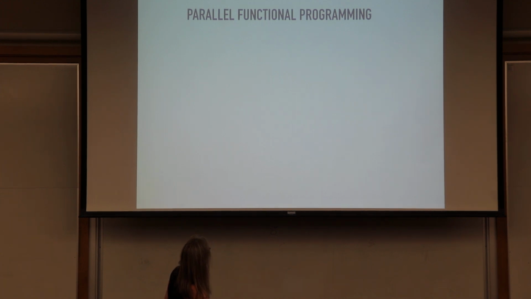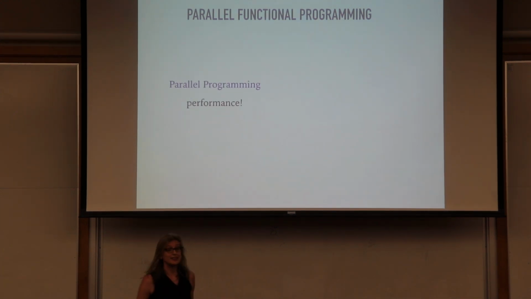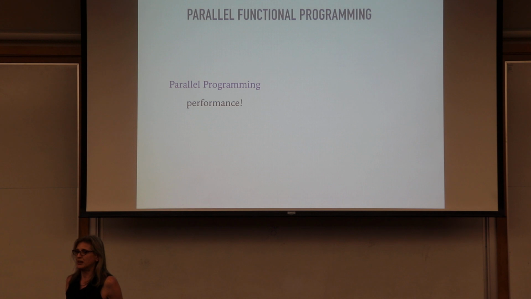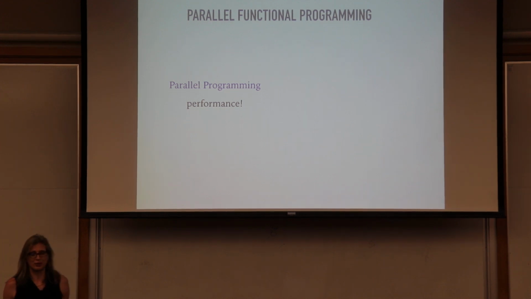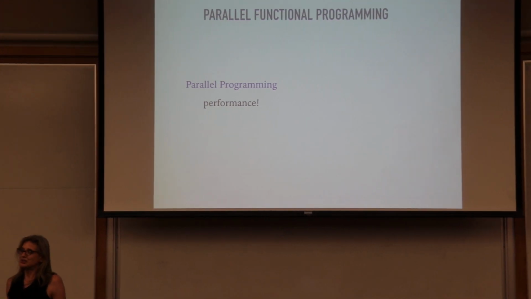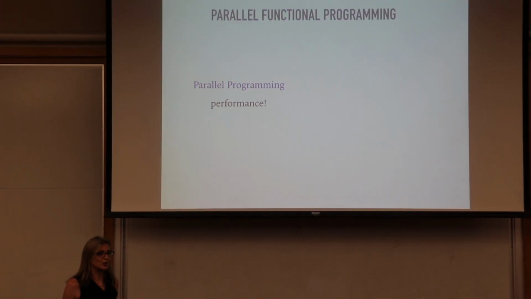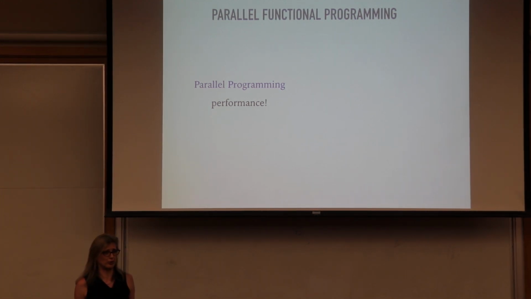The issue with parallel functional programming is, like with parallel programming, there's basically one big reason why people would go to the effort of actually writing something in parallel, because it's a lot more expensive: they care about performance.